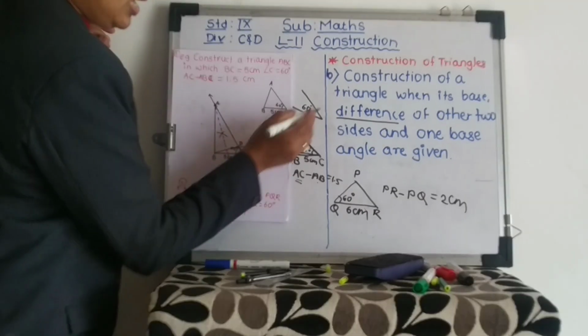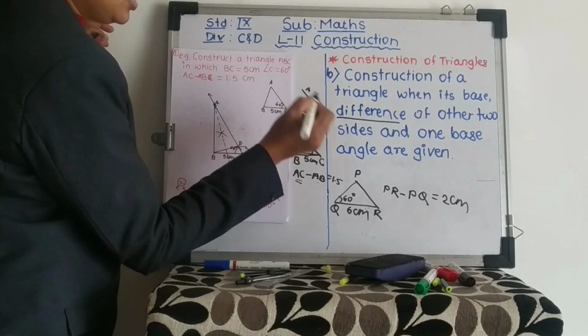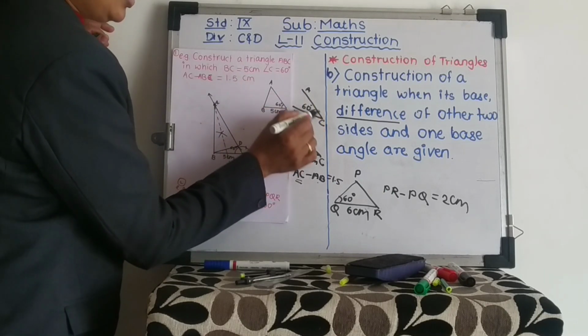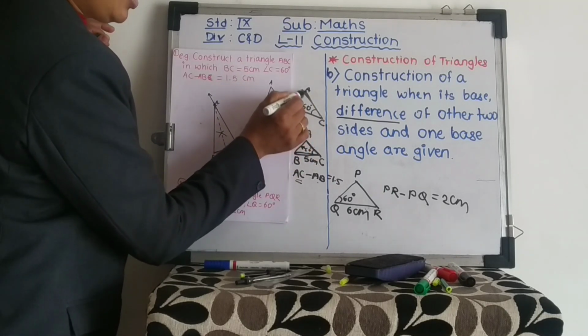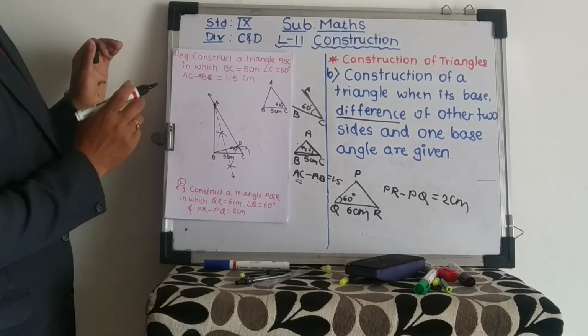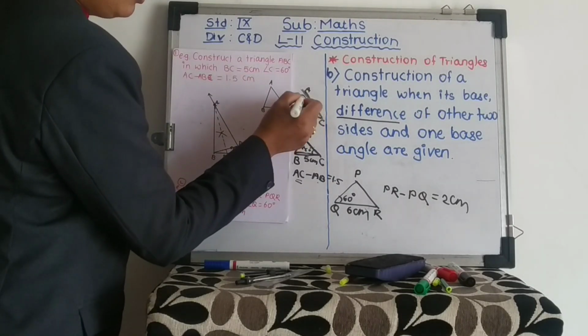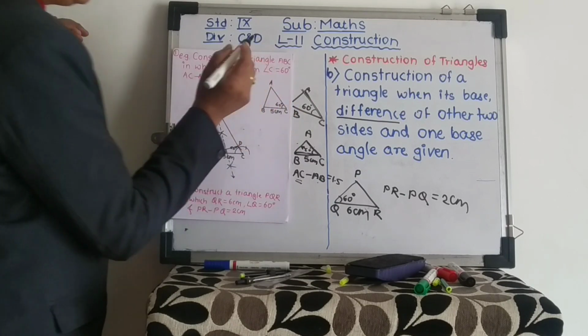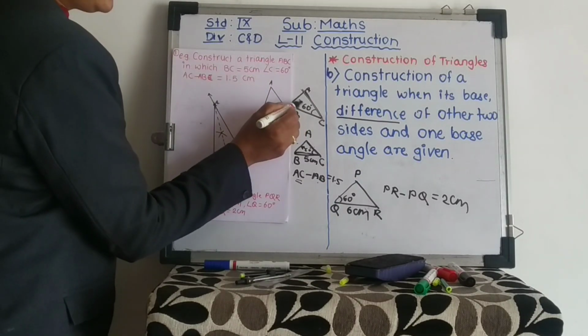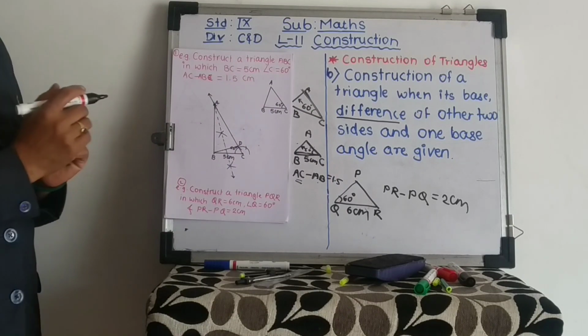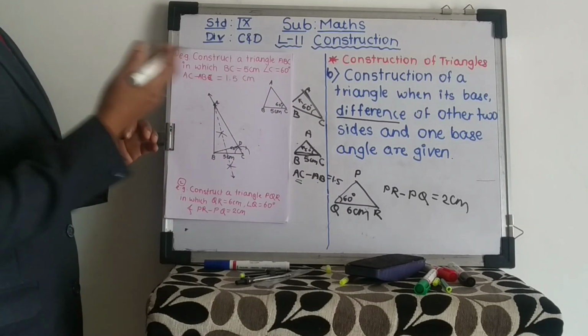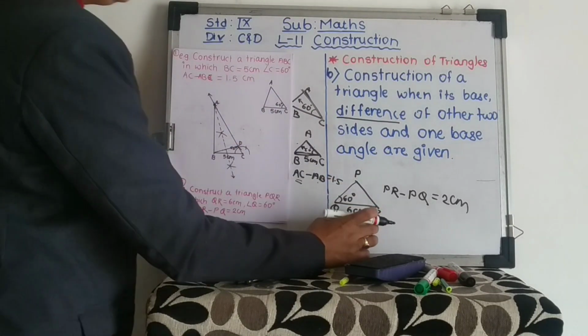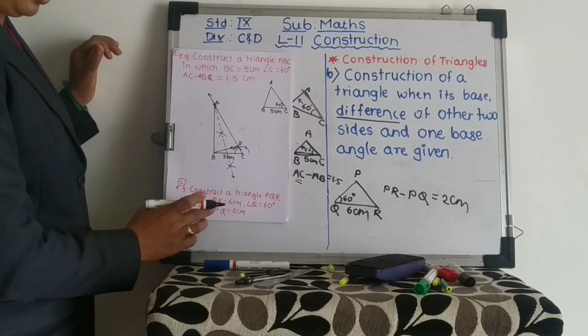So this AC and here B, right? AC is one of the arms of the angle, and the other side which we have subtracted is the third side, exactly opposite to the 60 degree angle. Now in this sum, we are going to see how to construct it.